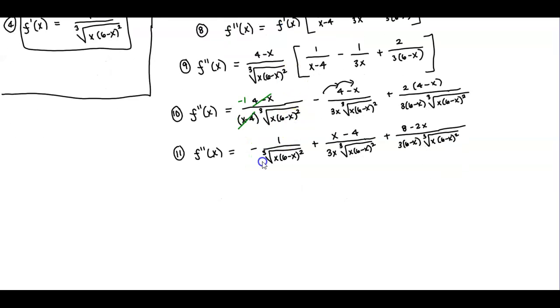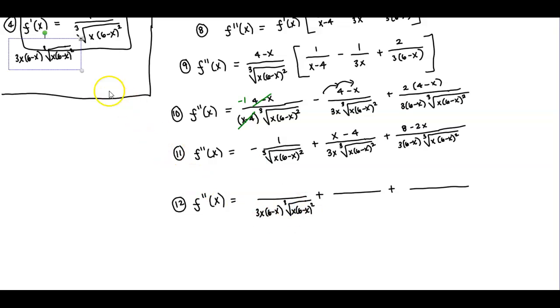Okay, so now we need to find the LCD. If we look at the last part here, we need a 3 and an x. So we know the LCD is going to be 3x times (6 minus x) times the cube root of x times (6 minus x) squared.